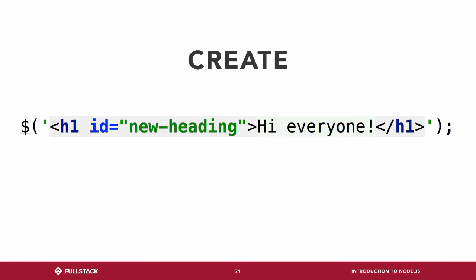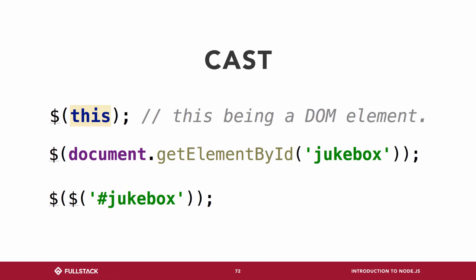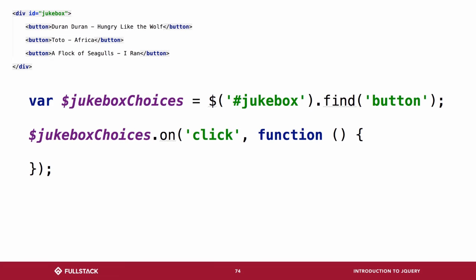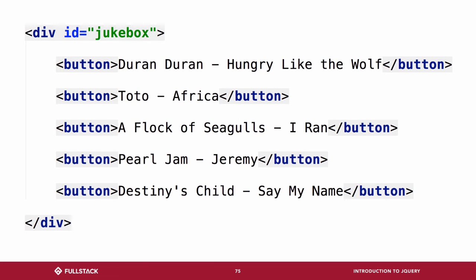The other thing that we've seen is the ability to do casting, where we take a regular DOM element and turn it into a jQuery collection. So we take this example before where we want to set up some event handler on this. And this is something we investigated: if we end up adding in some buttons dynamically, how do we make sure that they get wired up?